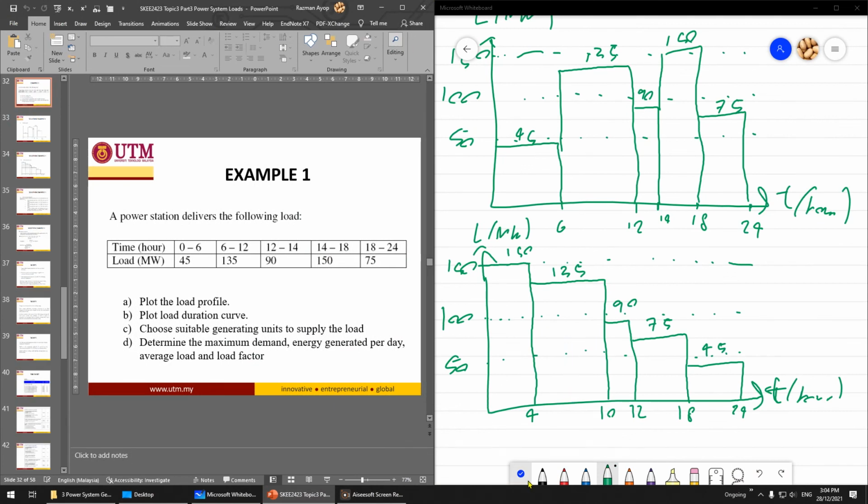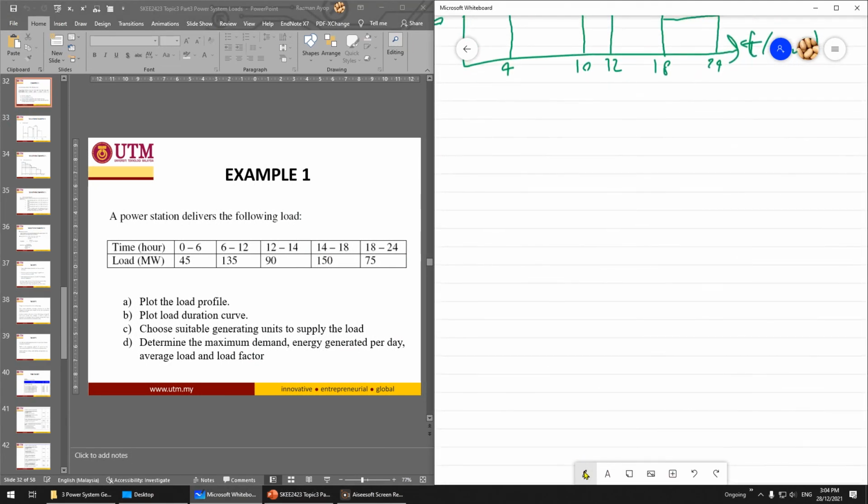Let me adjust this. So you just get the duration here. So 45 multiplied by 6 minus 0, and then plus 135.